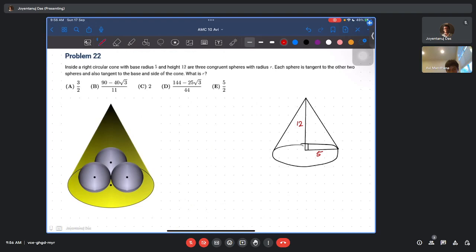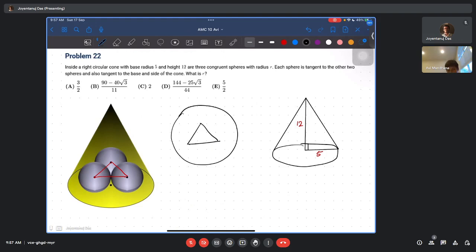But the size of the circle of the base is larger than that. So suppose this is the base, looking from the top, the triangle is like this, right? So it is not touching the sides. That is what I wanted to say.